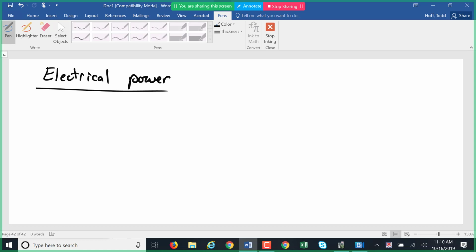Bare electrical power, as far as your light bulbs and your appliances, is just your voltage times your current. I am talking about the power of an electrical device, whether it's an amplifier, a television, cable TV receiver, whatever. I'm talking about something that's receiving a signal. So it's a signal strength type power.